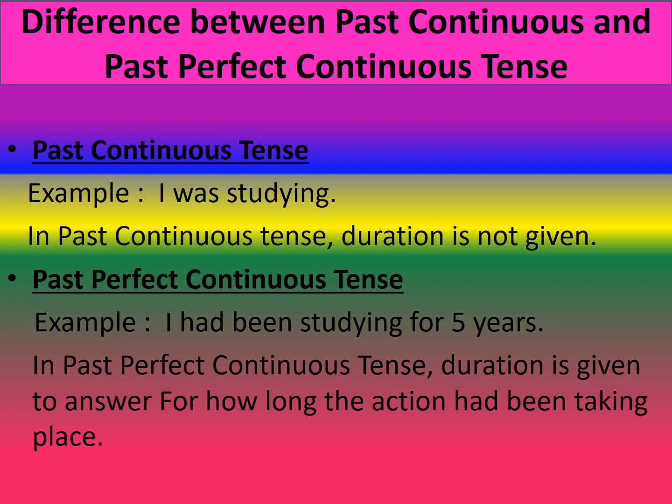Here, duration is given to answer for how long the action was taking place. So, when the duration is given, you must use had been plus present participle. If duration is not given, then you can use was or were plus present participle.